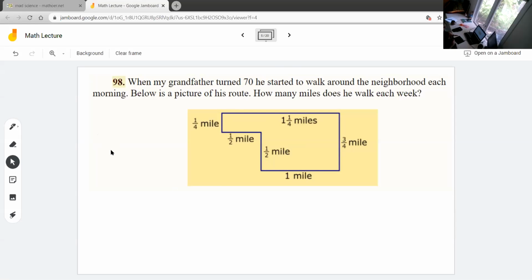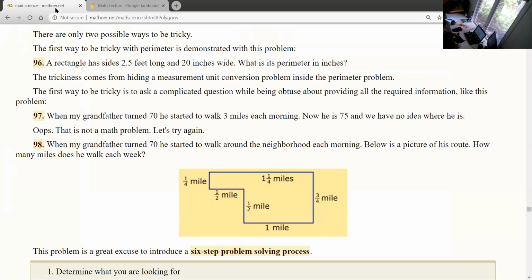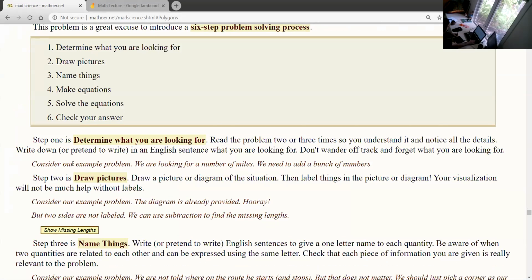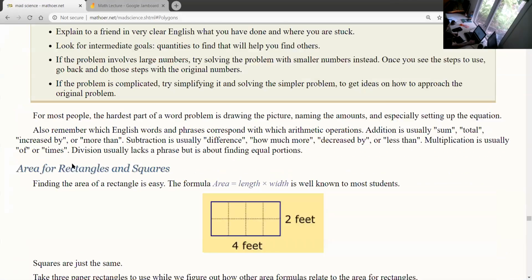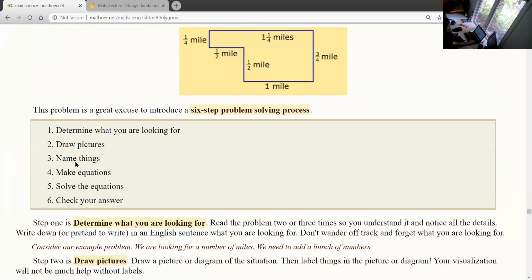Okay, so this is the other way to make these tricky. We're missing some things. We don't know. See, now this one we do. We're told all the different things, but no, I guess it's later.